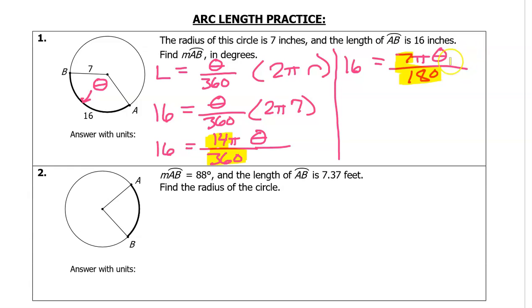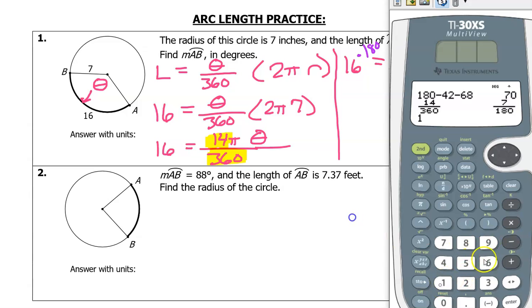The pi and the theta are just sitting there. So now it's time for me to solve this equation for theta. In order to do that, I'm going to multiply both sides by 180, on the left and the right. So 16 times 180 is 2,880.